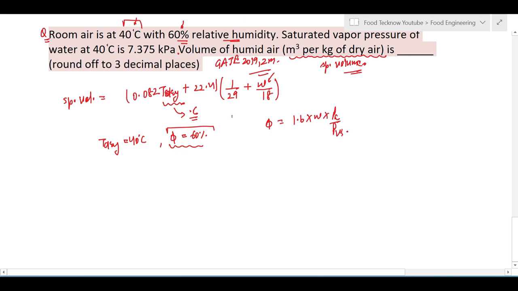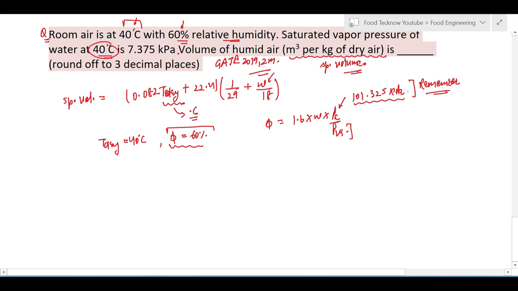Okay, and we know this PA, which is equal to 101.325 kilopascal, that is the atmospheric pressure. Please do remember this thing. And the PVS that is given here is the saturated vapor pressure of water at 40 degrees Celsius.